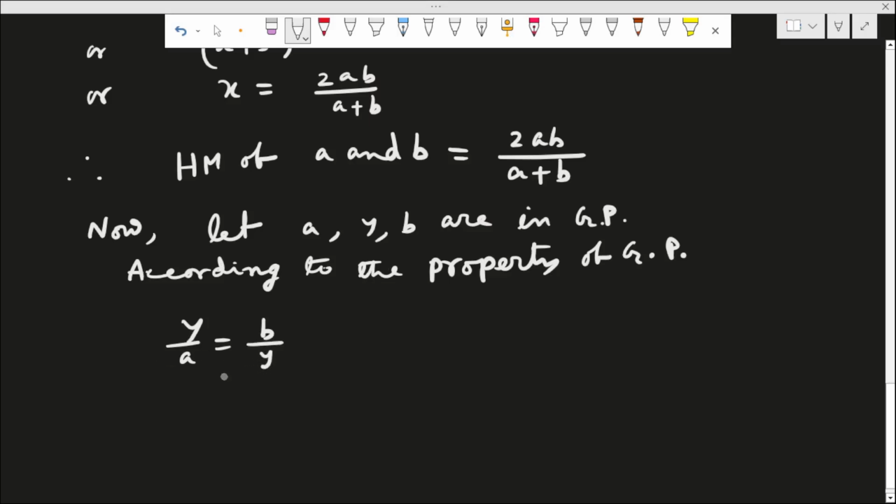Our aim is to find Y. So it reduces to Y square is equal to AB. Our aim is to find Y, which is equal to plus minus root AB.